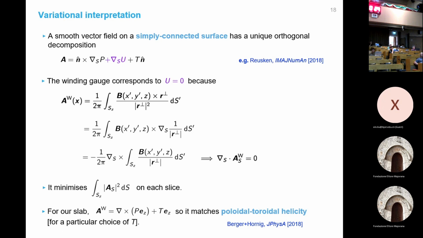So we're talking about exactly the same gauge, in fact, as was proposed by Mitch. You have to be a little bit careful, because the winding gauge corresponds to a particular choice of T, and this representation is not unique. You can add a function of Z to T without changing the magnetic field. But the winding gauge is a particular one.